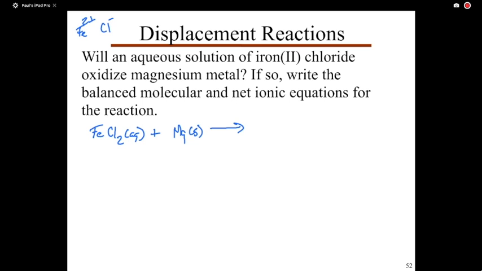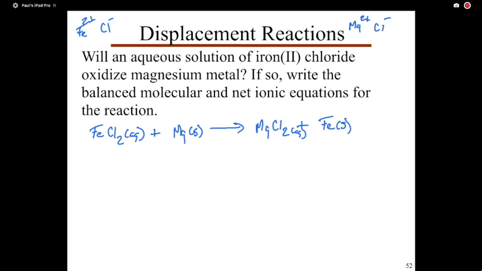Okay, well, I'm going to singly displace. When magnesium reacts, what charge does it become? Plus 2. Chloride becomes -1. Magnesium chloride, plus the iron will take up enough electrons to become neutral and become its element. And all chlorides are soluble except for silver, mercury, and lead, so this is aqueous.